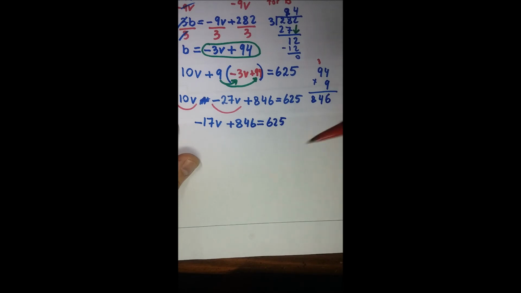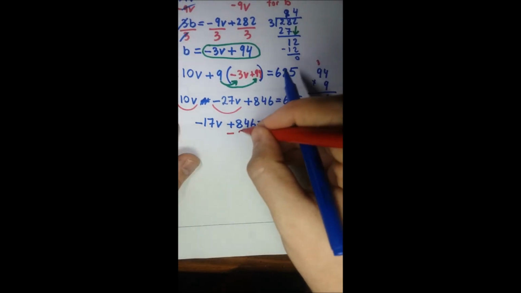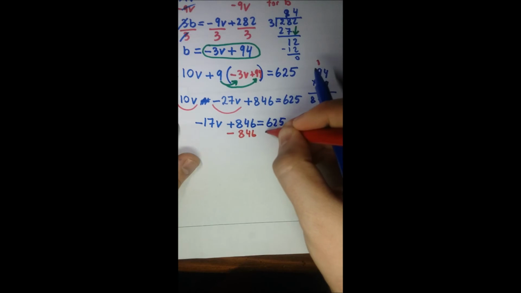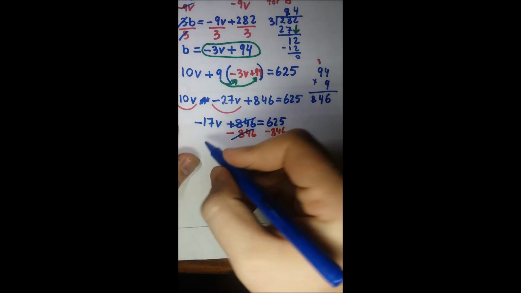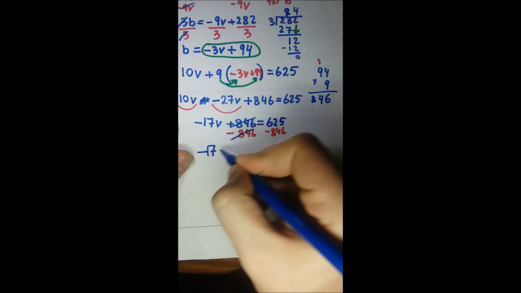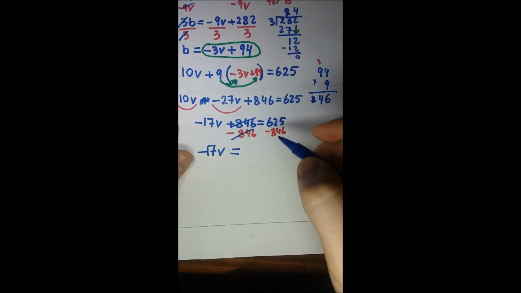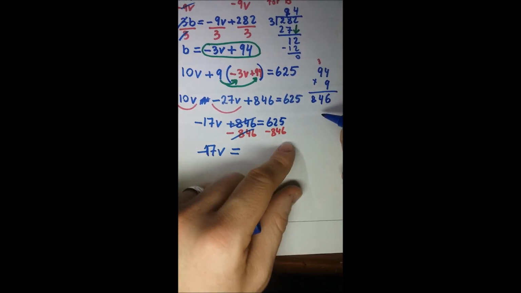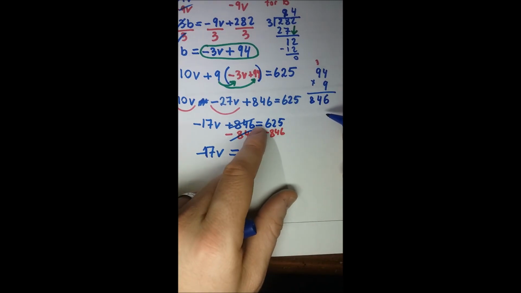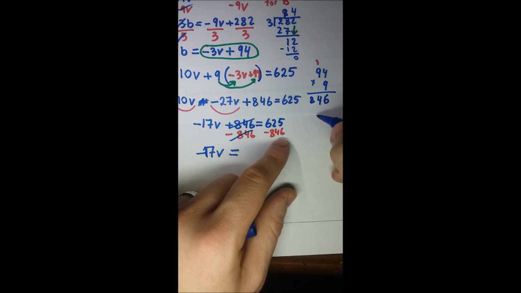Now we need to get rid of the constants here. Subtract 846 from both sides. Okay. Now these two are gone. So negative 17V equals, and now I'm going to do 625 minus 846.